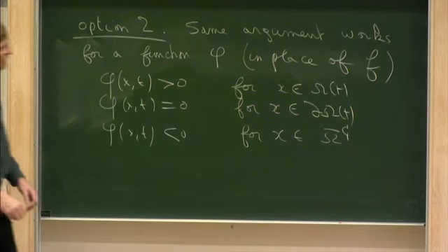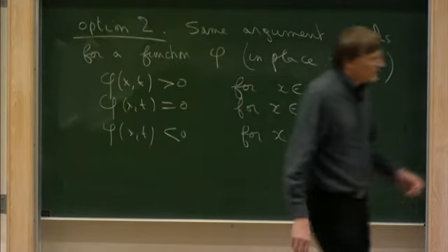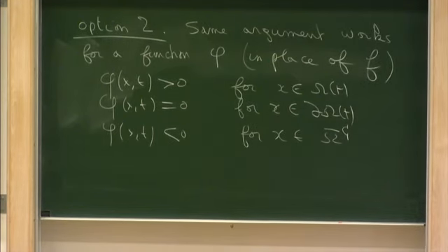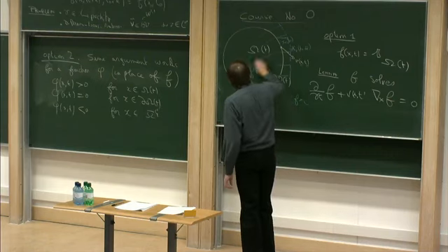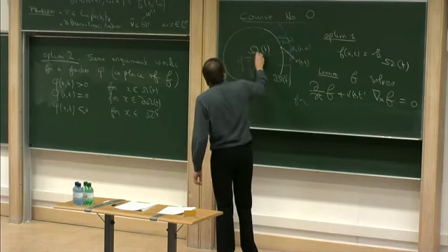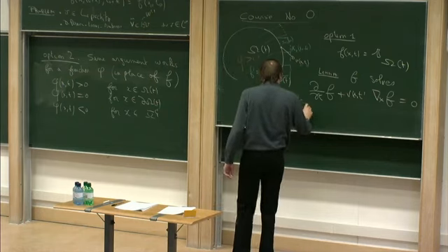So now your function phi, which I will draw in a different color. Let's see. So this function phi would be continuous, let's say, even purely Lipschitz continuous. It will be positive here. It will be negative here.